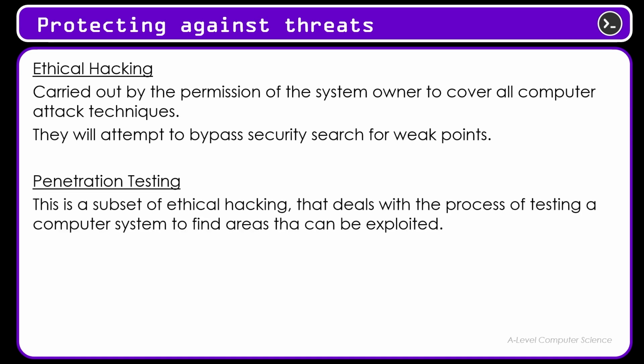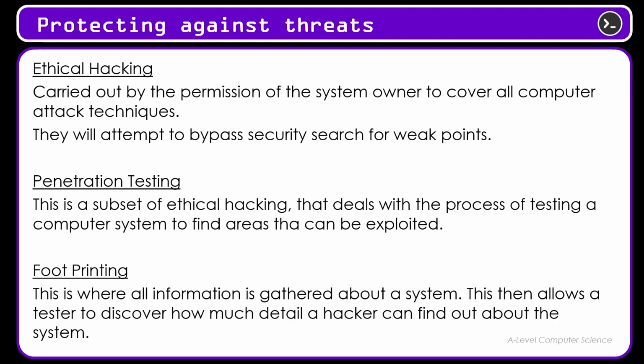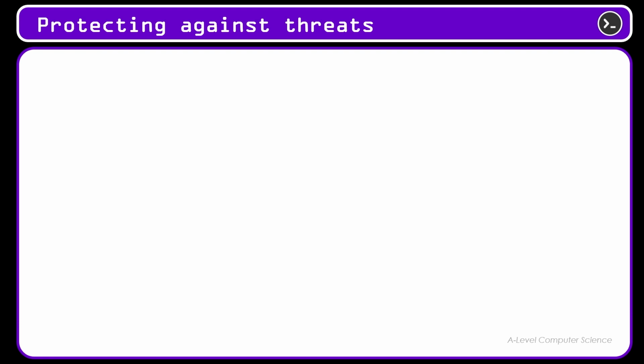Penetration testing is a subset of ethical hacking, and this deals with the process of testing a computer system to find areas that can be exploited. And footprinting, this is where all information is gathered about a system, and this then allows a tester to discover how much detail a hacker can find out about the system before attempting to hack.